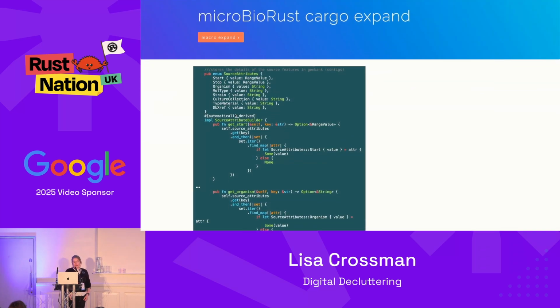So I realized that we had these enums, and I was going to have to write the same function again and again to set and get these particular fields. So the start of the gene or the stop of the gene, the organism, the strain. So if it's E. coli, it might be K12 or it might be HS or something like that.